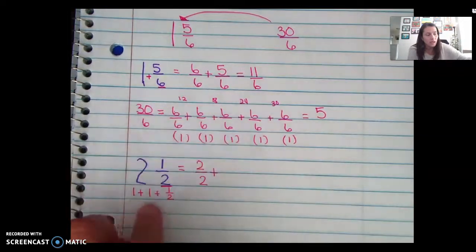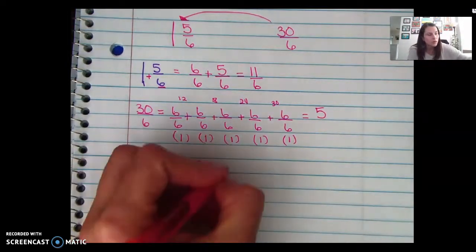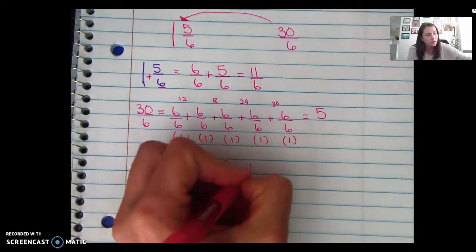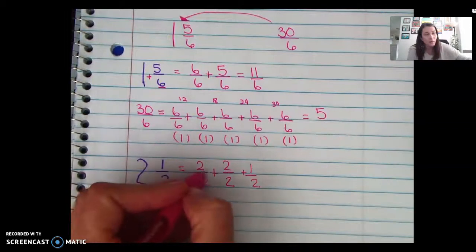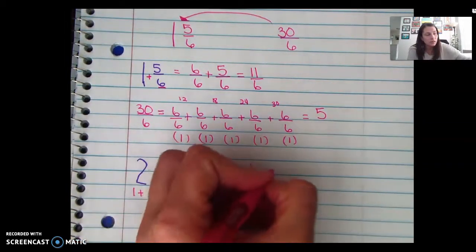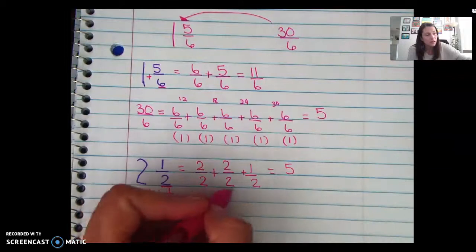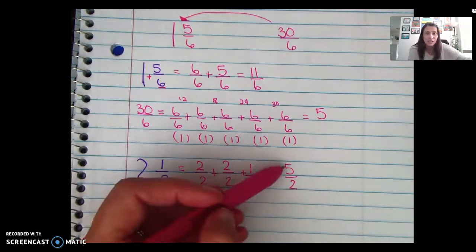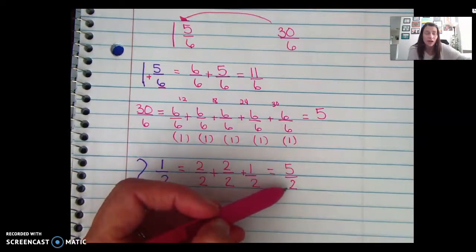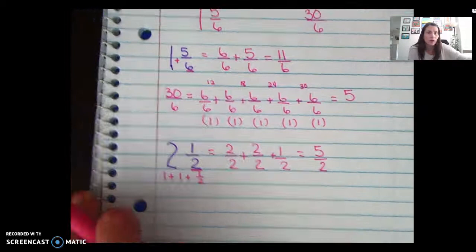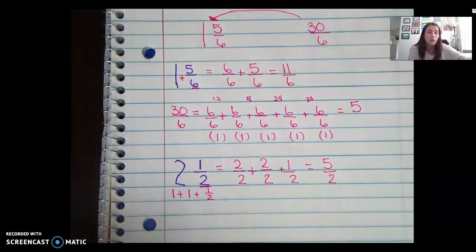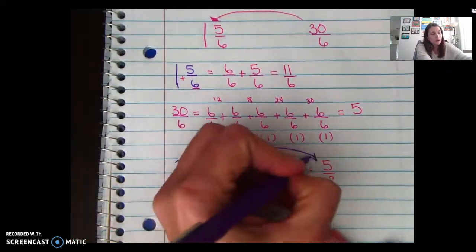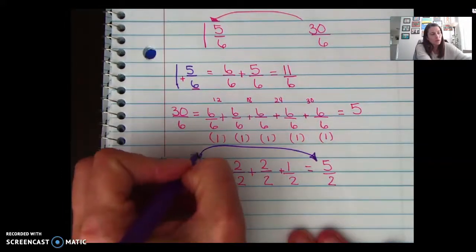And then I do my plus, and then I've got to change the next whole into fractions, and then I've got to add my part. So I'm going to be adding the numerators, which is 5, and bring over the denominator. So 2 1/2 is the same as 5/2. Now let's try one more of a fraction bigger than 1 going back to a mixed number. So these two are equivalent, they're equal.